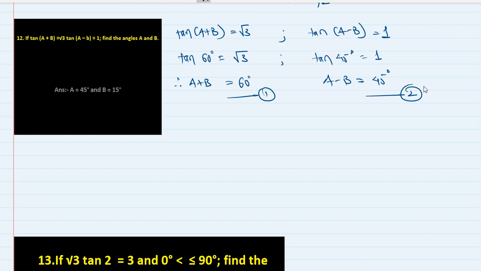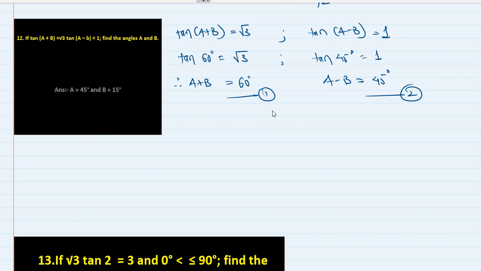There can be another answer as well. Let's solve it, because the answer given over here I don't understand. A minus B can never be 45 if A is 45, right? So I don't agree with this answer.